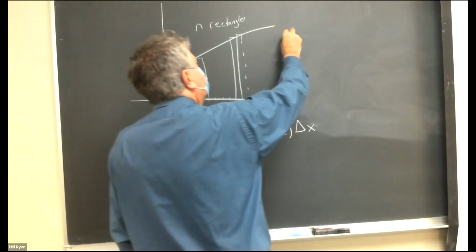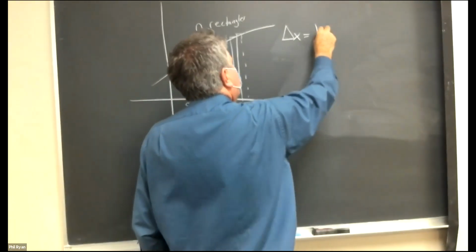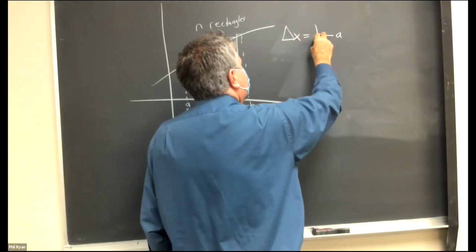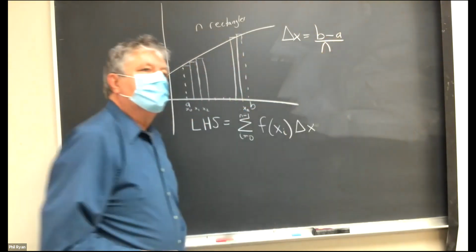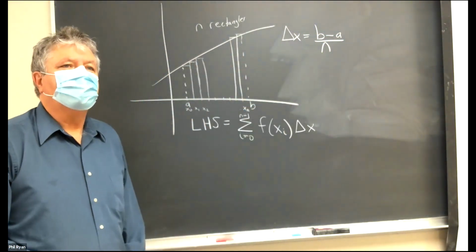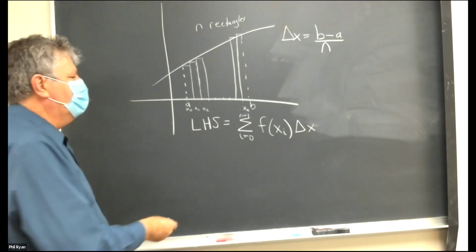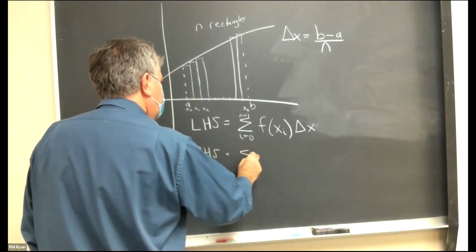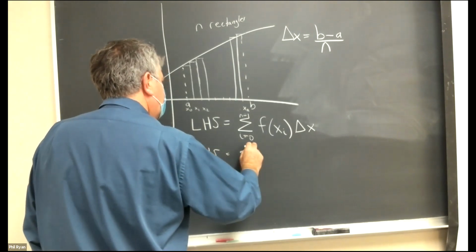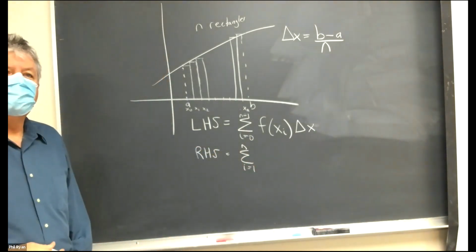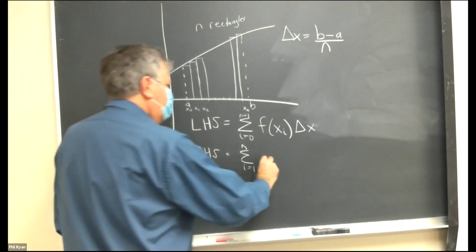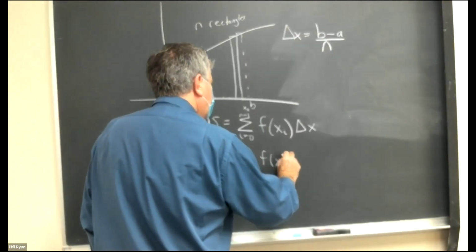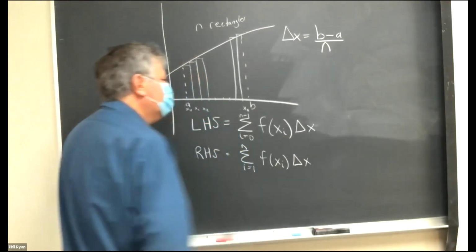Here, delta x is whatever interval we're interested in, divided by n, the number of rectangles that we use. Okay, and the right-hand sum is, well, we go from 1 to n. Again, f of x_i delta x.